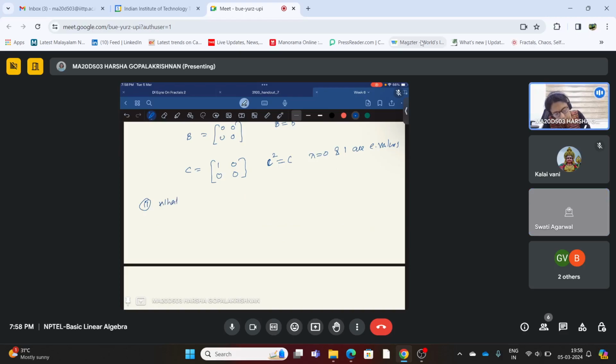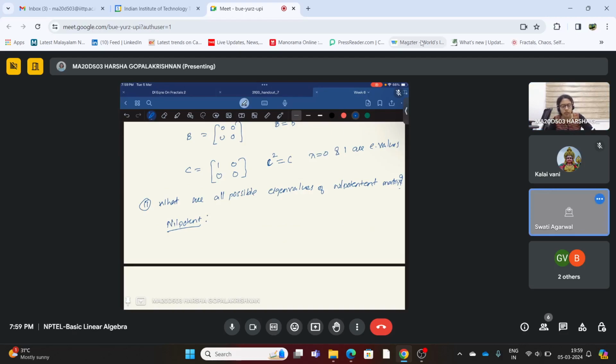What are all the possible eigenvalues of a nilpotent matrix? Can anyone say what a nilpotent matrix is? Anyone knows?